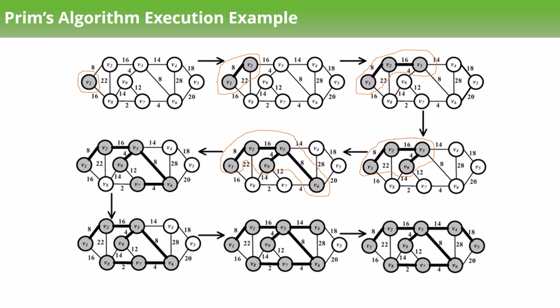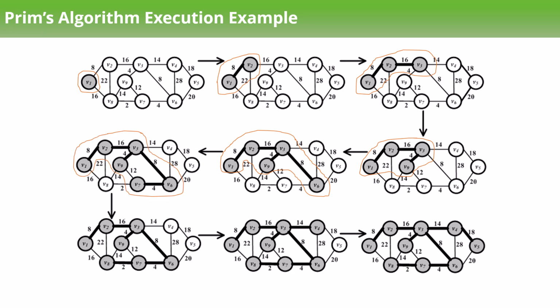Next, from V9 we have the edges 14 and 12, which are greater. So we will backtrack to V3, where the minimum weight is V3 to V6, which is 8. So select that edge and include the vertex V6 into the minimum spanning tree.